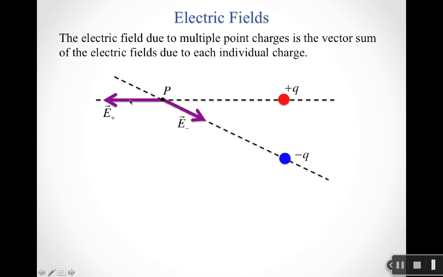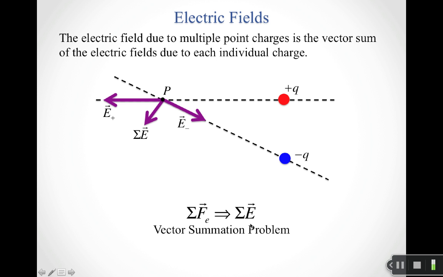The contribution from my positive charge will point away from it. So we're going to figure out the contribution from each of our individual point charges, and then we just have a vector addition problem. In this case, the vector sum is going to point something like this. Again, notice it's just a vector summation problem.